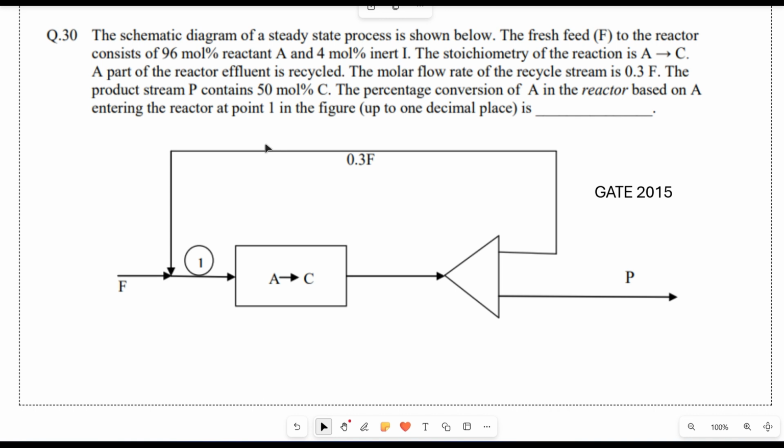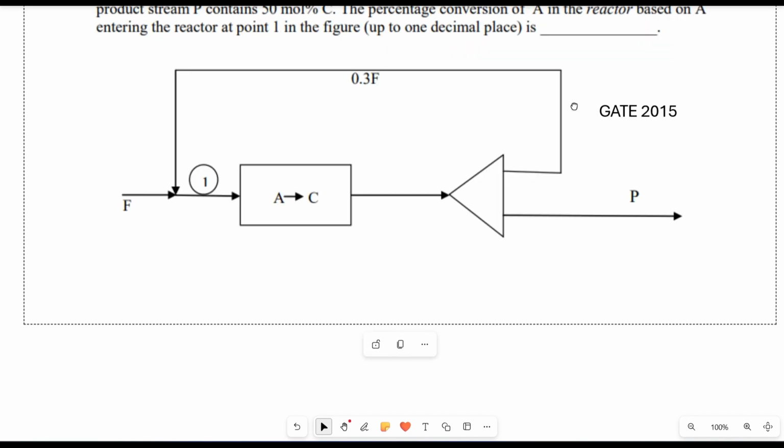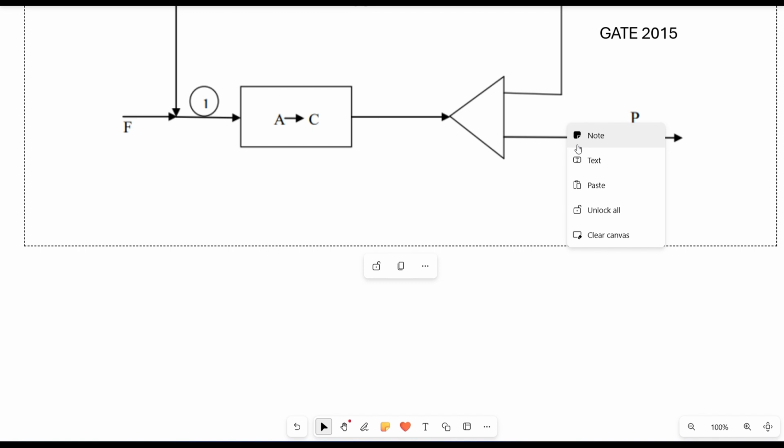So from the question we can understand that we have to find the percentage conversion of A in the reactor based on A entering the reactor at point 1, meaning the actual conversion of the reactor, or single pass reactor conversion. Now, as this reaction is A to C, remember, if any reaction is mole conserving, that is, the left side and right side have the same number of moles of reactants and products, then in the overall system the total molar inflow will be equal to the total molar outflow.